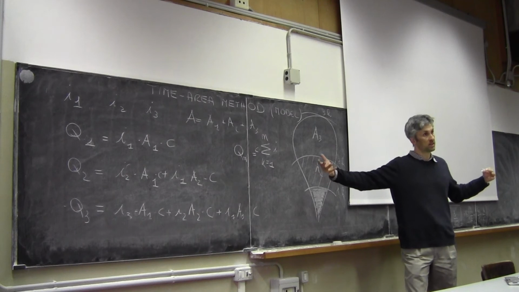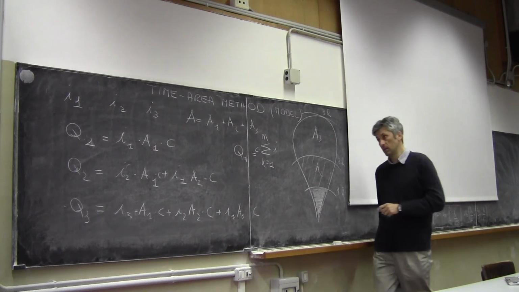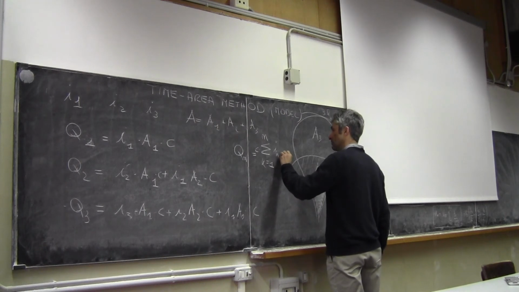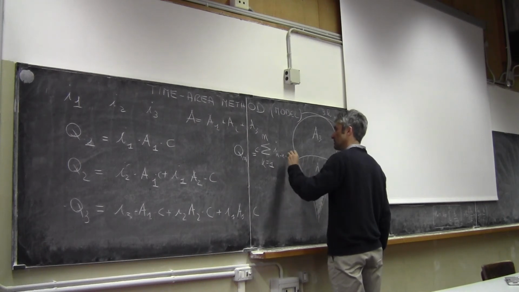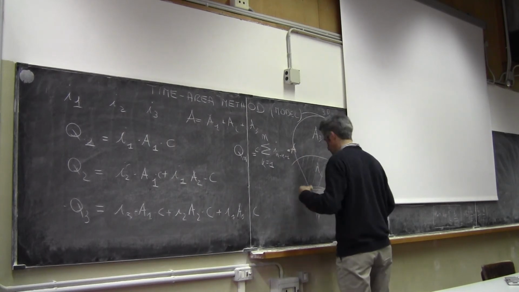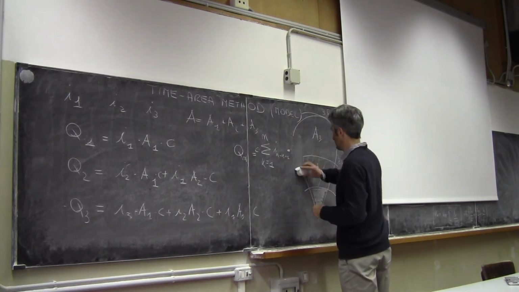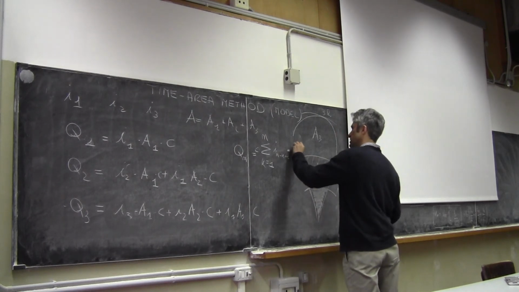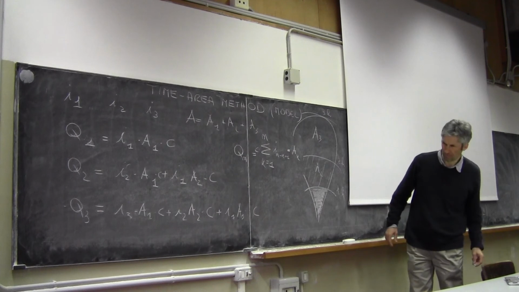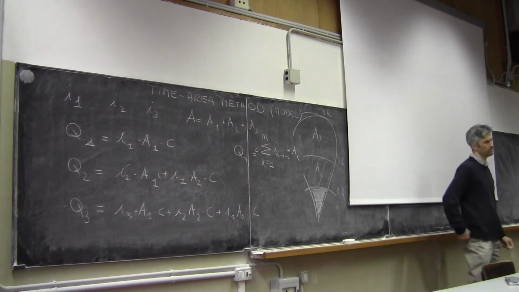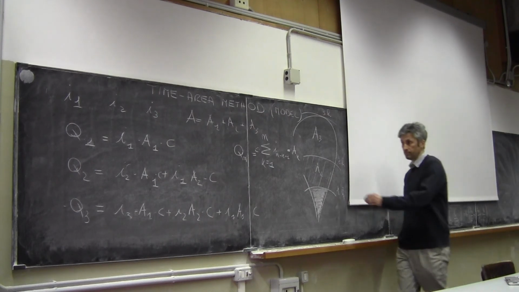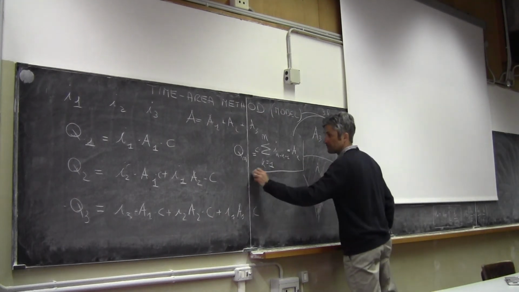So here I have I n minus k plus 1 times A k. This is the general writing.